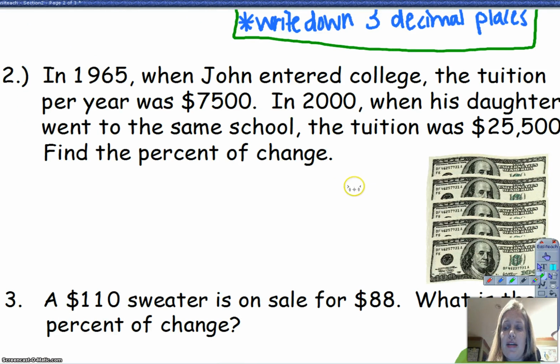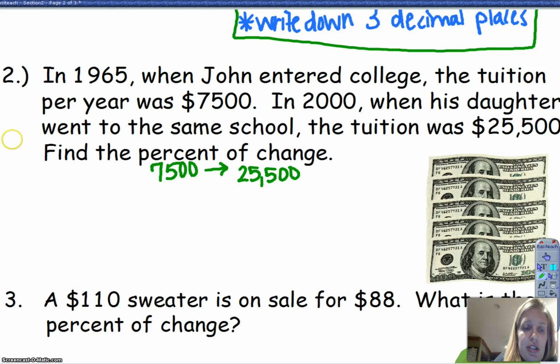All right, what you need to write down here, you don't need to write down the whole word problem, is 7,500. That's how much the tuition was when John entered college, how much it cost, and that it changed, you're just writing down the green, to now when his daughter goes, it's 25,500. So write down that green to represent the problem.